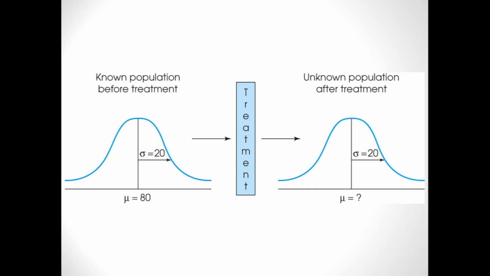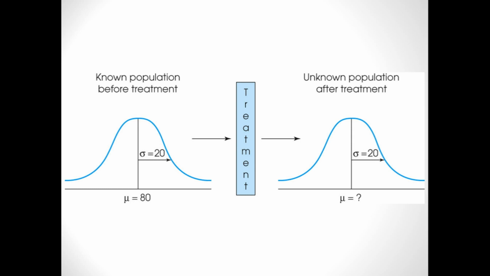So you can see an unknown population before a treatment that has a standard deviation of 20, and the mean of the population is equal to 80.